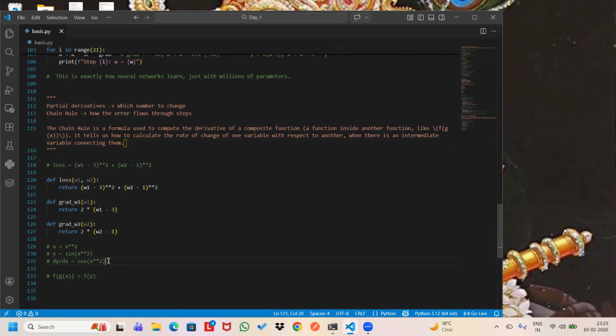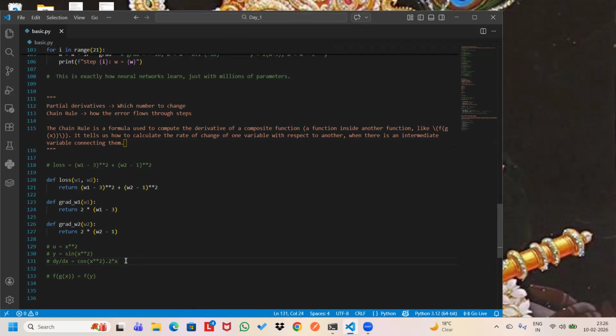The first time I will differentiate the outer function, which is sine. The second time I will differentiate the inner function. So right now I'm going to differentiate the inner function. What would the inner function be? We have x square, so its derivative would be 2x. This is your answer.